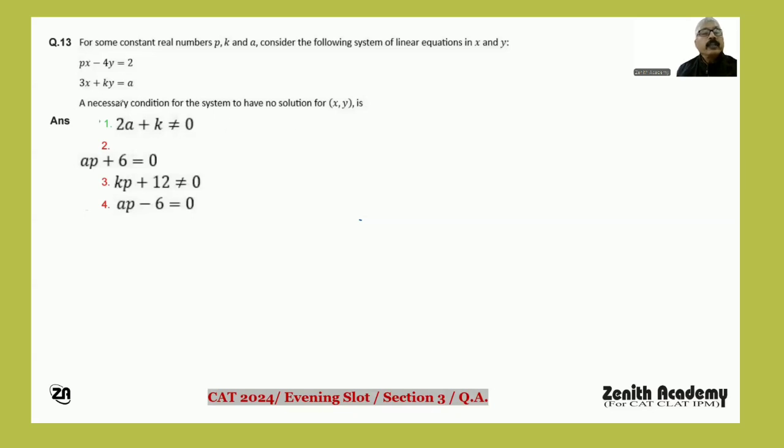Now, see question number 13. For some constant real numbers p, k, and a, consider the following system of linear equations in x and y: px minus 4y is equal to 2, and 3x plus ky is equal to a.